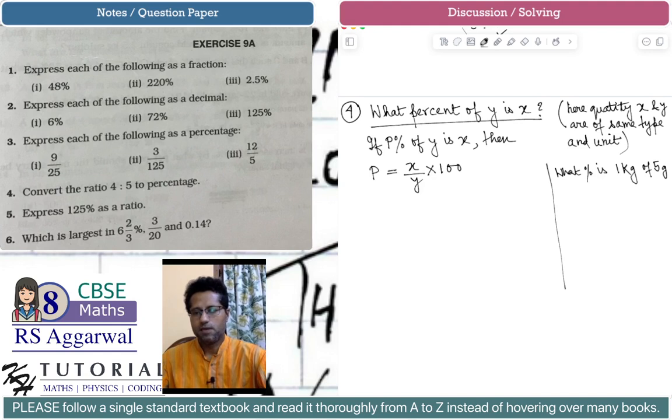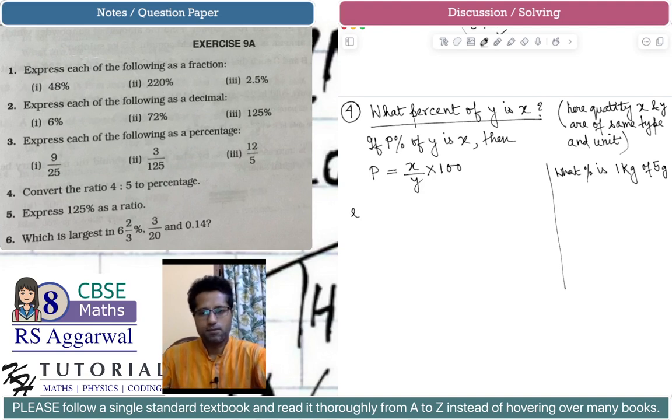P is x by y multiplied by 100. So the question was what percentage of y is x? The formula is x by y multiplied by 100.